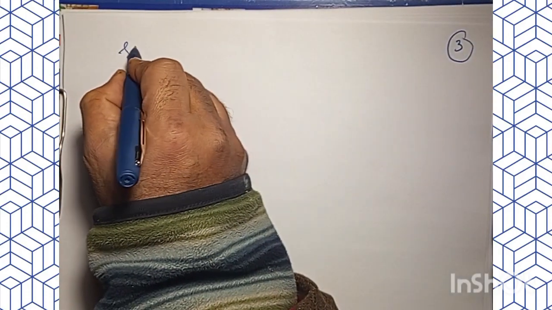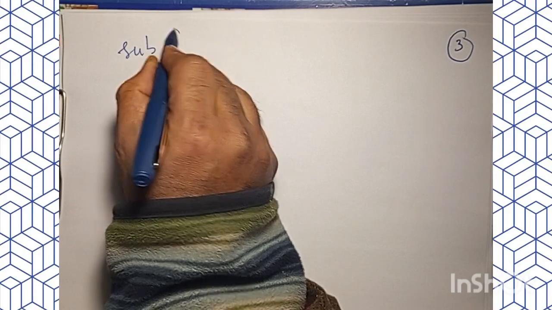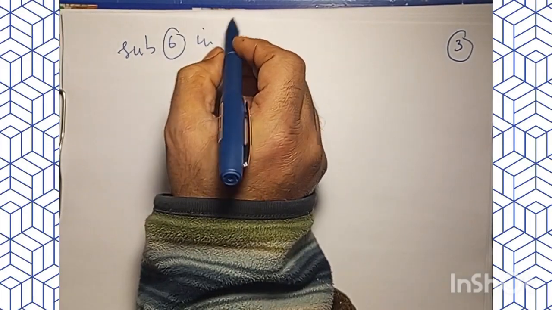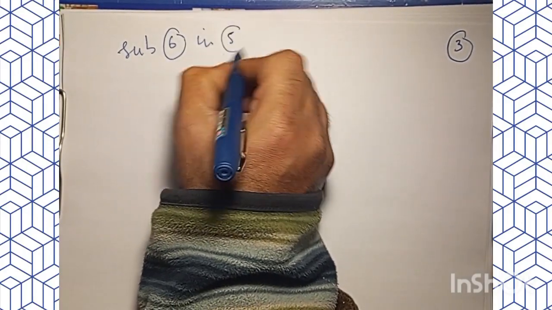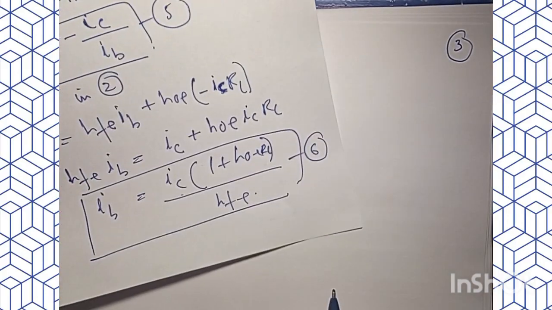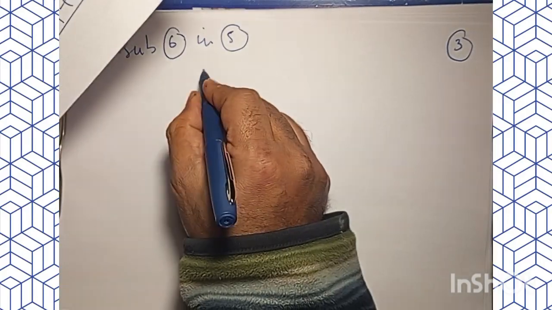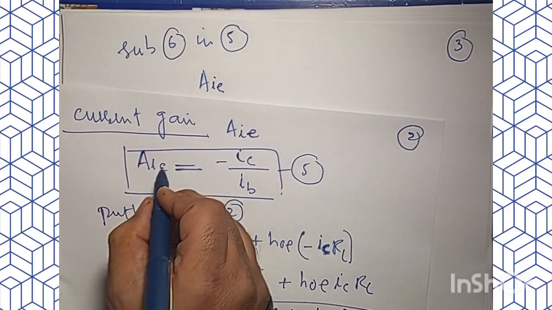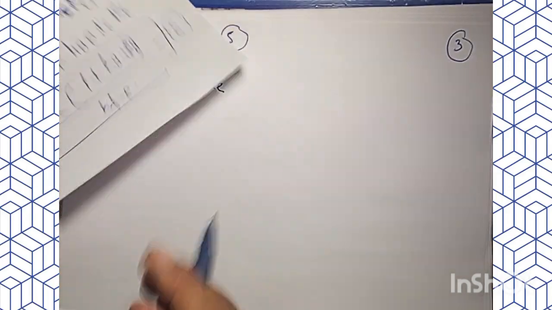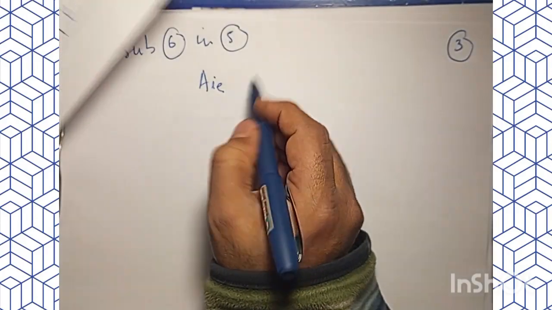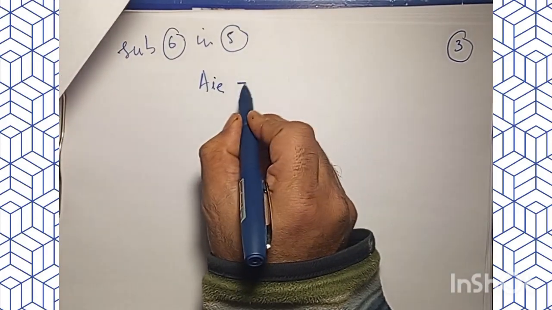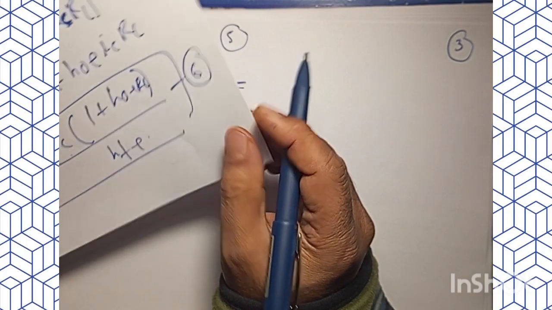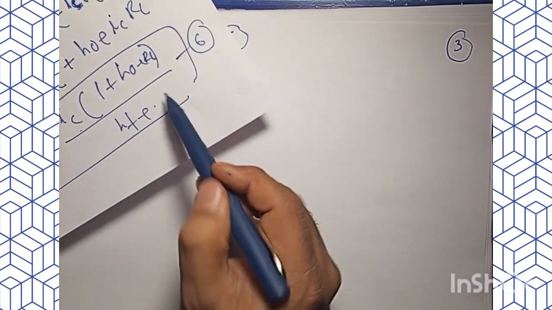So substituting 6 in 5. Okay, so AIE, current gain in, sorry, it is E, common emitter configuration. As I said before, my handwriting is bad, so these things do happen consistently with me. So instead of IC, I would like to write this equation.